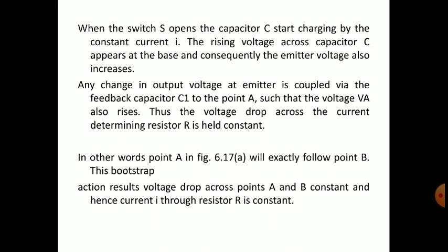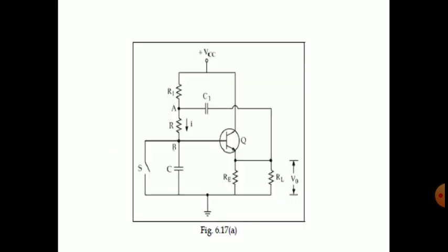Consequently the emitter voltage also increases. Any change in output voltage at the emitter is coupled via the feedback capacitor C1 to the point A, such that the voltage VA also rises, because all are interconnected, right?